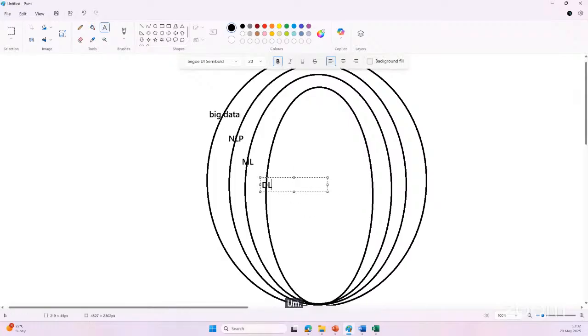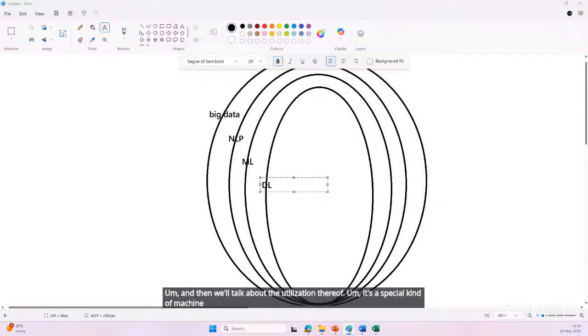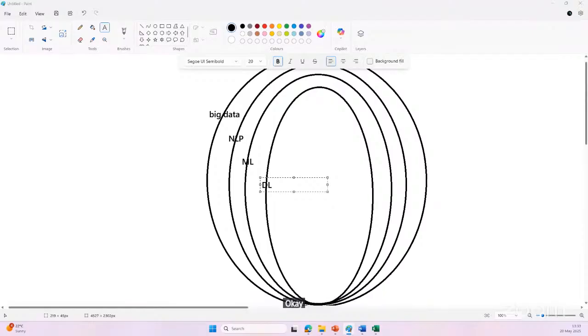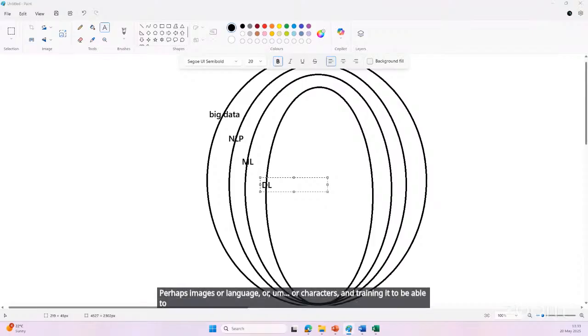The trick with deep learning, and then we'll talk about the utilization thereof, is that it's a special kind of machine learning, and it tries to mimic how the brain works. So instead of us providing it with details about perhaps images or language or characters and training it to recognize the differences, all we're going to do is give it a bunch of data and it's going to teach itself.